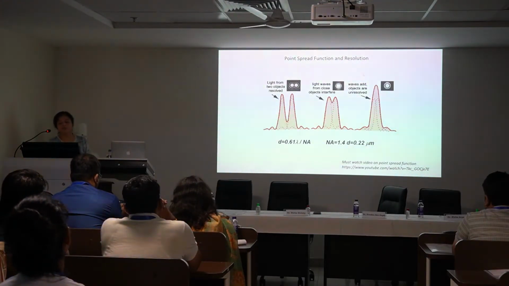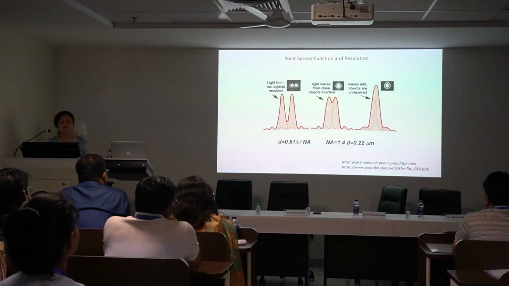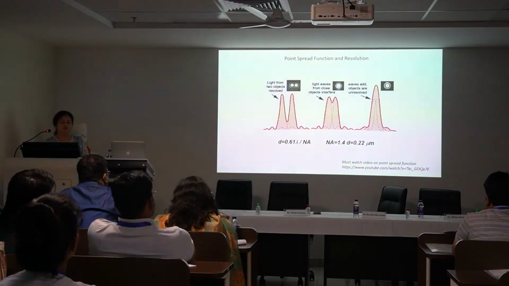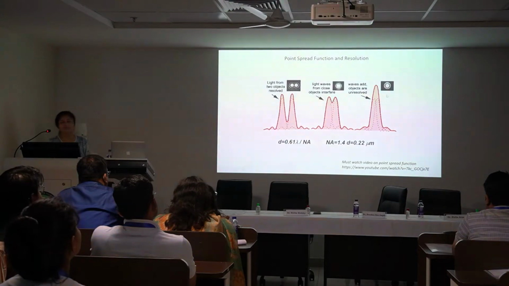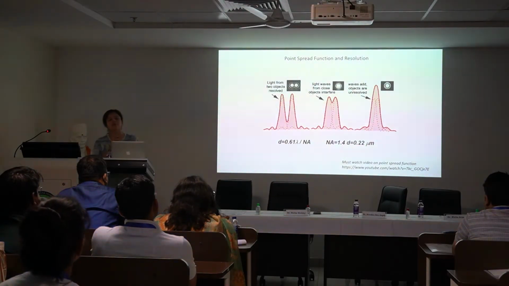If these beads are close to each other, then the objects will interfere and you have some sort of cloud formed here. And if they are very close to each other, then essentially you just get one big blob, right? So when there is a highly intense signal, you don't know whether it is coming from one bead or from multiple beads.